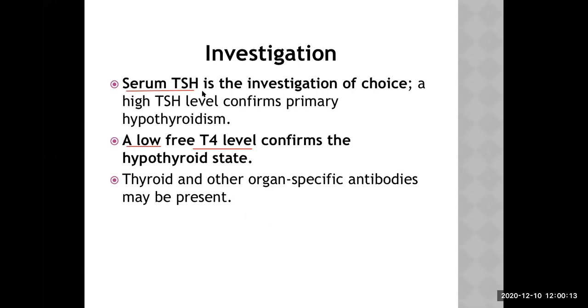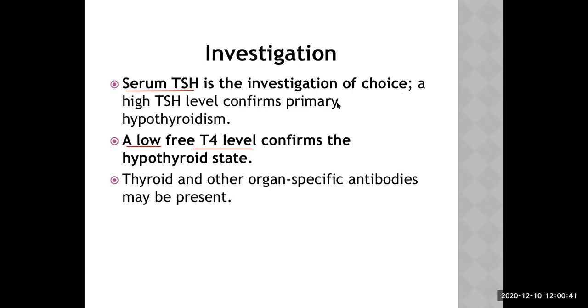And this TSH level, we always do this together actually, though it is written as the investigation of choice. Why it is written like that, I'll give you an explanation. TSH is very commonly done in the newborn period. For example, if a baby is born in the delivery room and we want to screen that baby for congenital hypothyroidism, we just go for TSH level, and TSH level will be very high there.